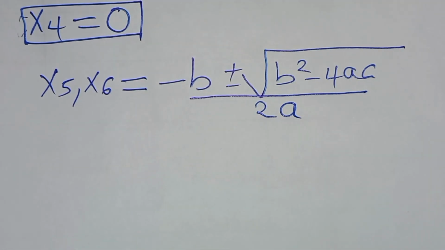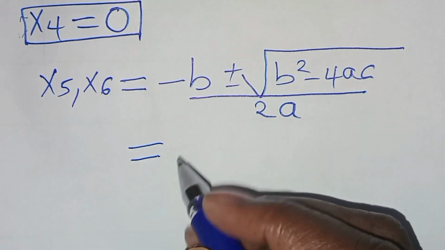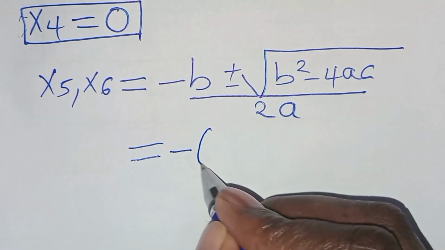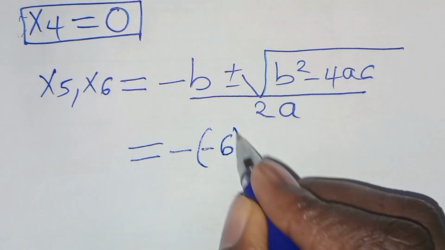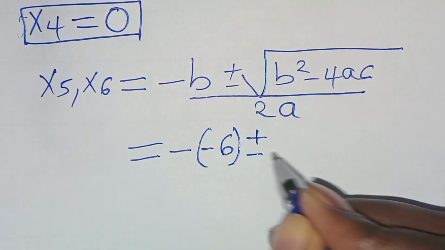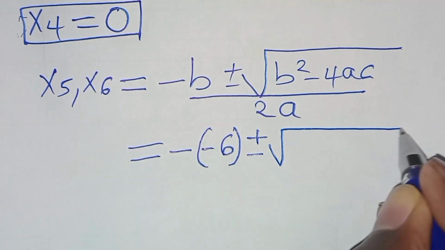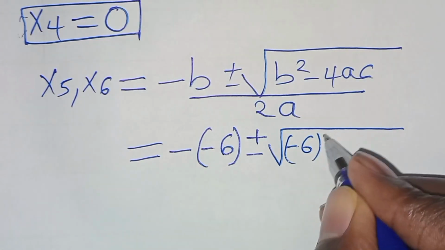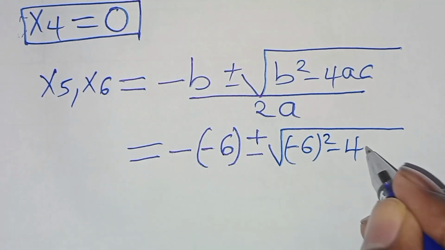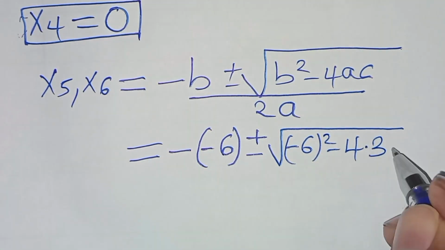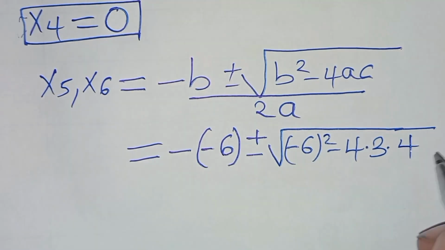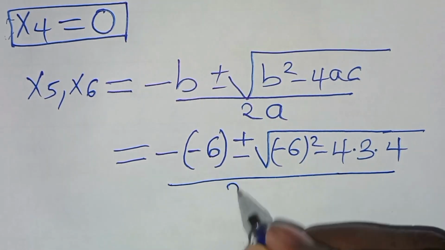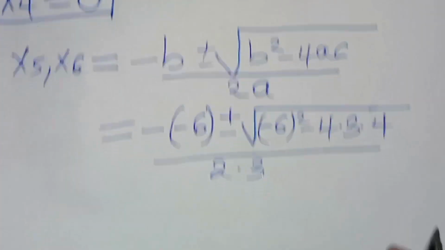So this implies that here, substituting the values of a, b, and c, we have minus times minus 6 plus or minus the square root of b squared, this is minus 6 squared, subtract 4 times a, which is 3, then times c, which is 4, all this divided by 2 times 3.